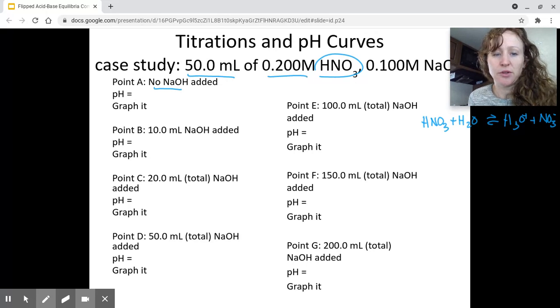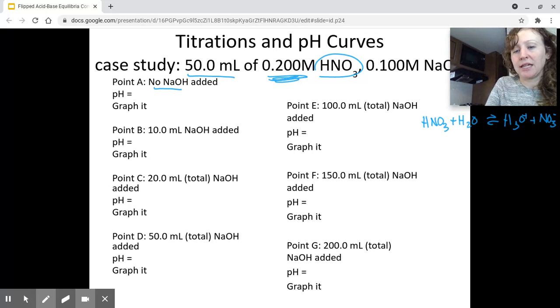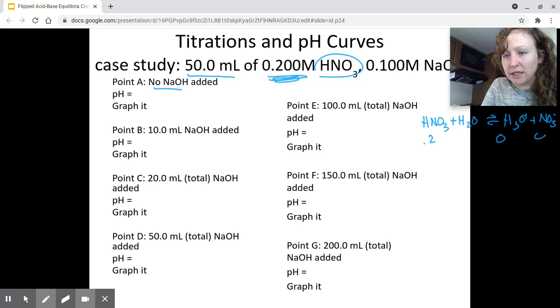Now, I know my molarity. I'm not adding anything to it, and so I can just keep that molarity in the beginning. My change, since it's a strong acid, is going to drive to completion. So my change is going to be the complete 0.2. My final, which in this case is also my equilibrium, is going to look like this.